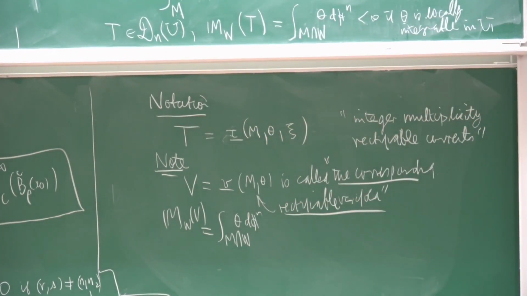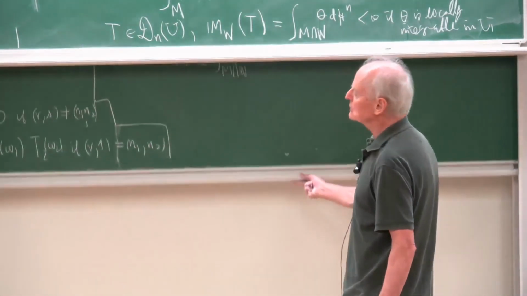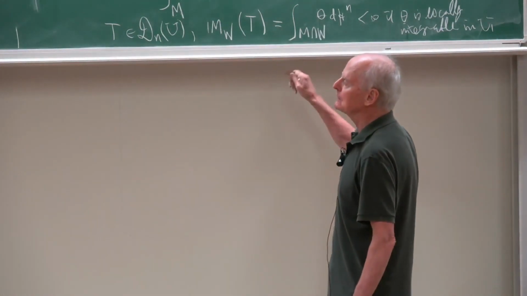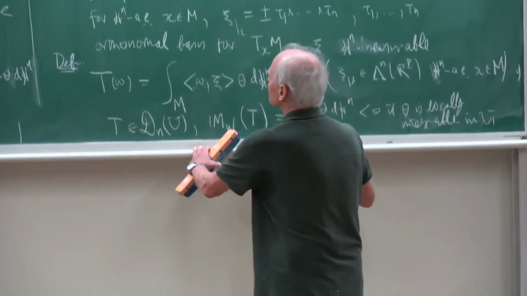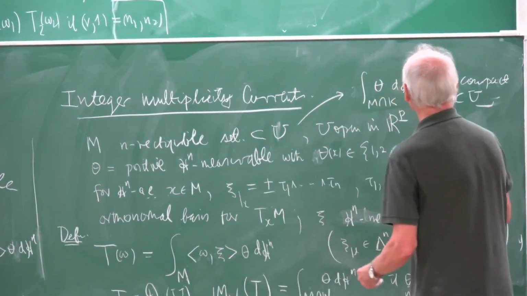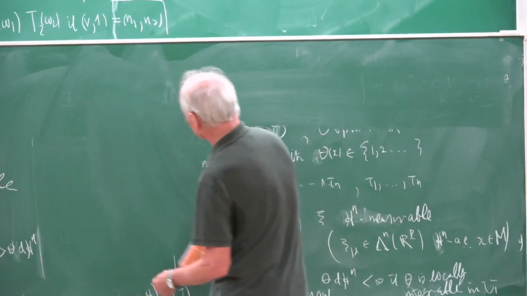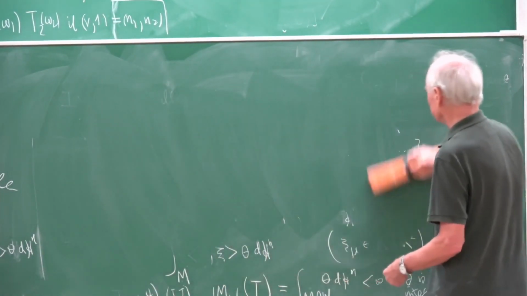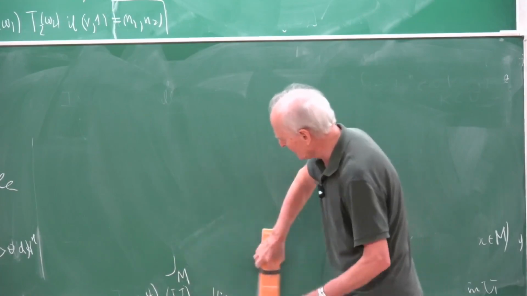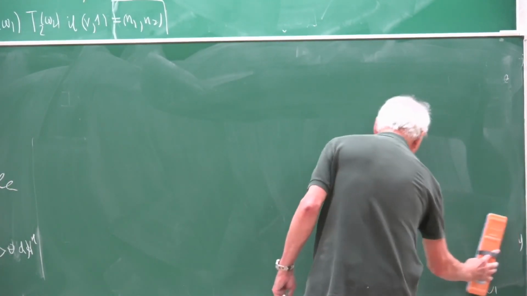All right, so that's the notion of integer multiplicity varifold. And we'll talk a little bit more about them next time. I want to talk about pushing forward and so forth. But that works out very similar to the smooth case. And I just want to end today by stating the Federer-Fleming compactness theorem.